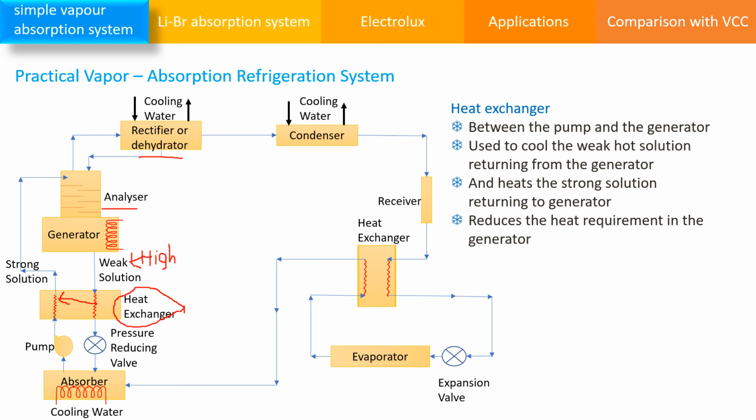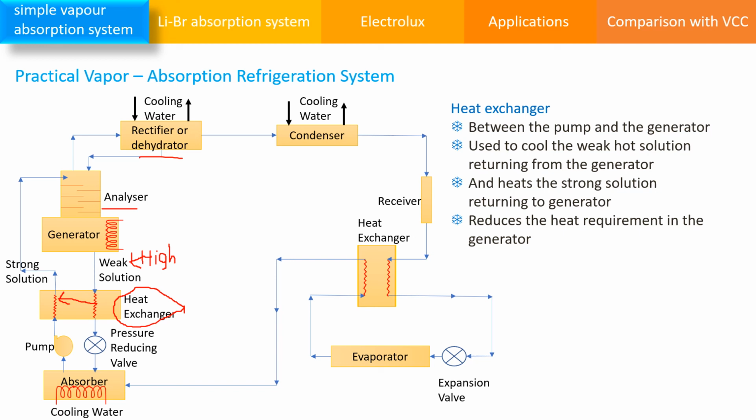Thus, the cooled weak solution passes through the pressure reducing valve back to the absorber, where it is cooled again for absorbing more ammonia. So the absorber receives a cooler solution than it would have been receiving before. This also reduces the required cooling effect in the absorber.